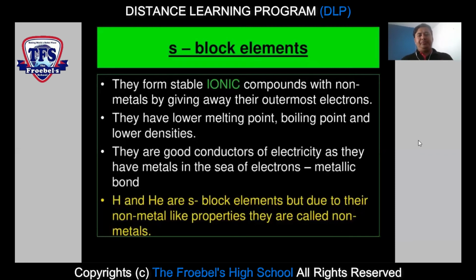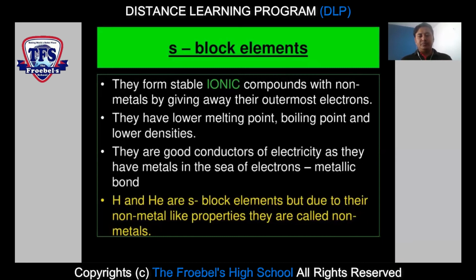Now, only one noble gas is included in S block, and one non-metal, that is hydrogen, is included there. But due to their non-metal-like nature, properties are totally different. And these two elements belong to S block for the same reason, their last shell electron is s1.